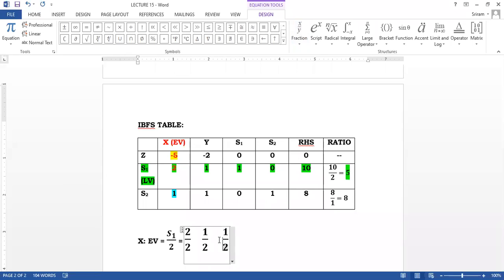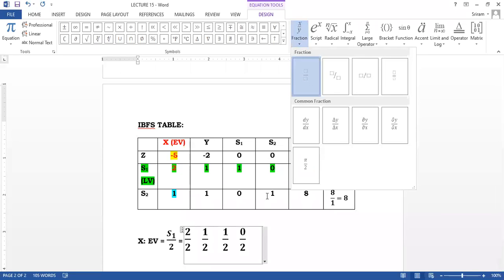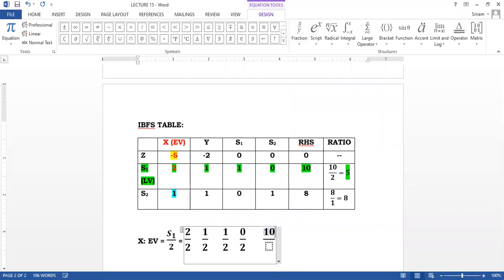The next number is 0, so this is 0 divided by 2. The next number is 0, so this is 0 divided by 2. And the last number is 10, the right hand side value, so 10 divided by 2.